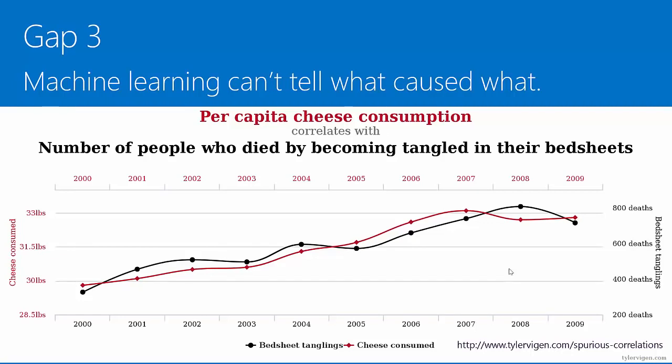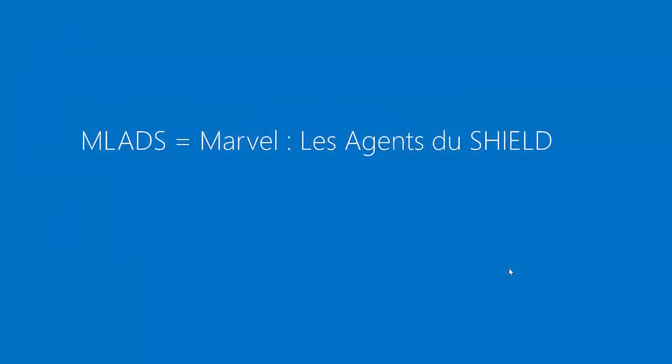But there's actually no way to know for certain based on that data alone whether it caused it or not. Another example, the name of the conference. Some things are just a coincidence.